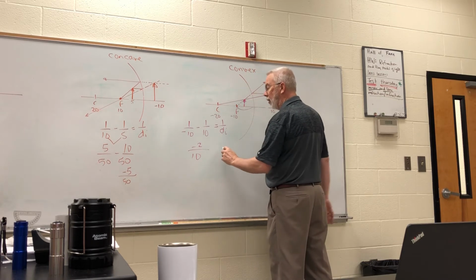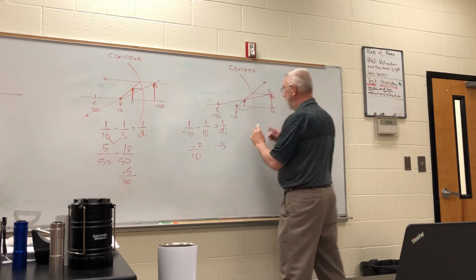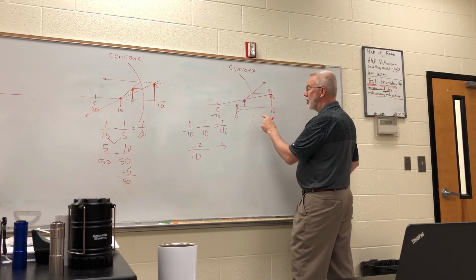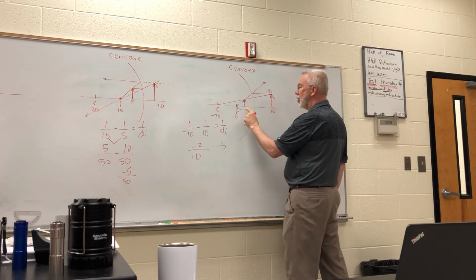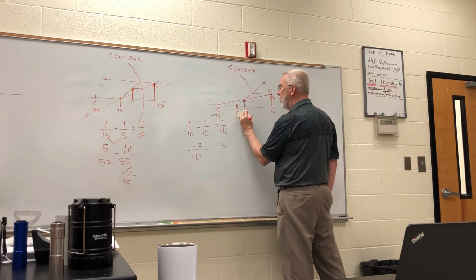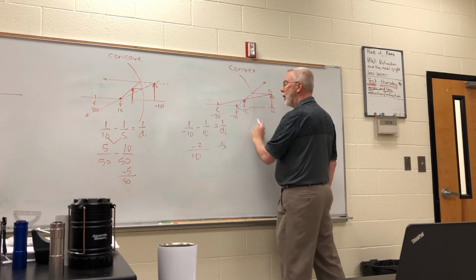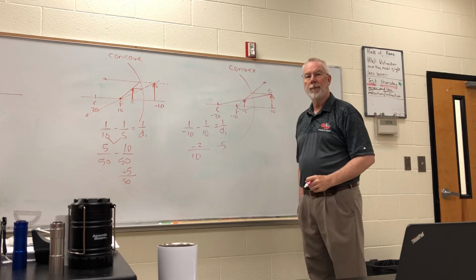When you flip it over, that's going to be negative 5. And if you look, right there is approximately negative 5 for the image's position with respect to the back side of the mirror.